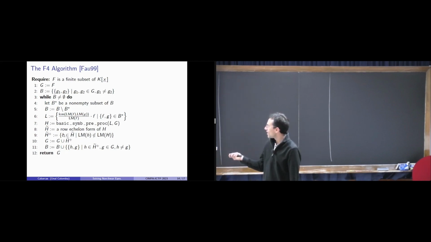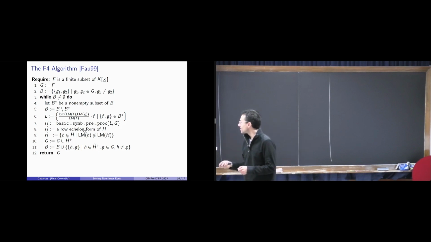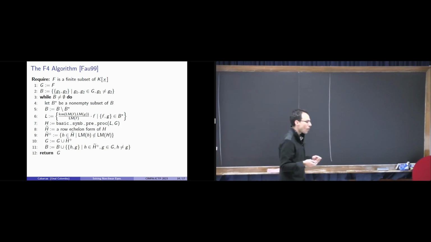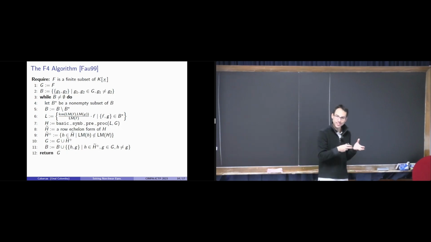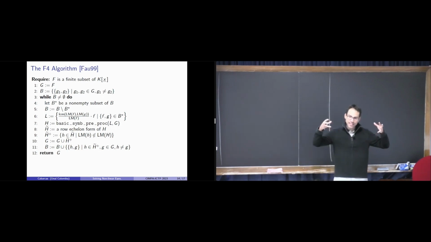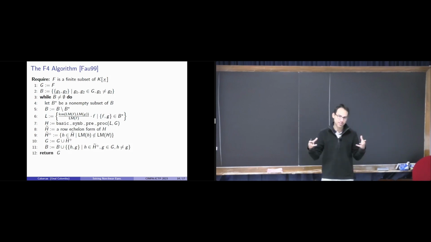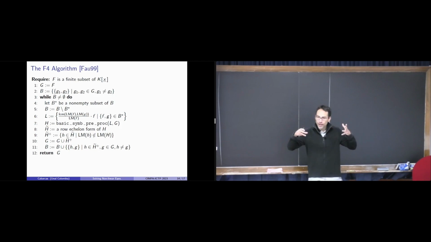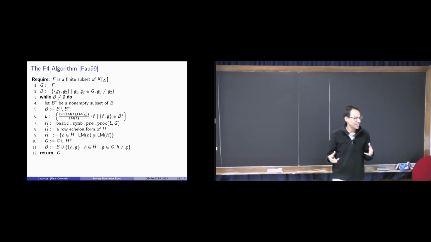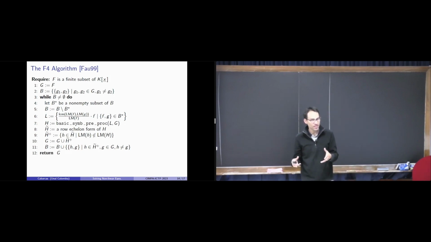When we take only those polynomials that add new leading monomials, we are including these new leading monomials. And the size of the ideal of the leading monomials generated by G is going to increase. This cannot go forever because it's a Noetherian ring. So eventually, you get a Groebner basis.